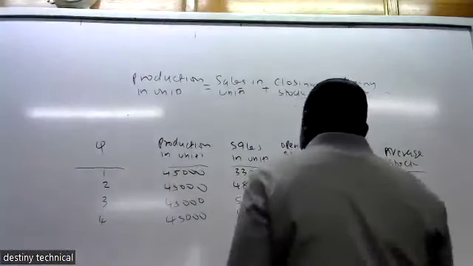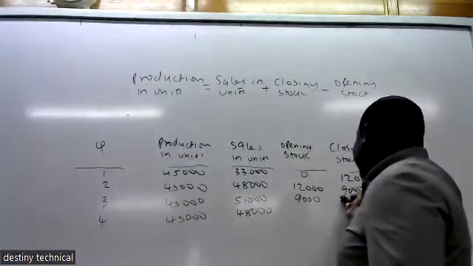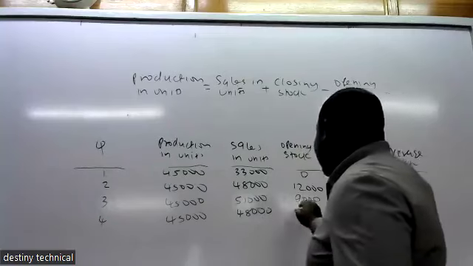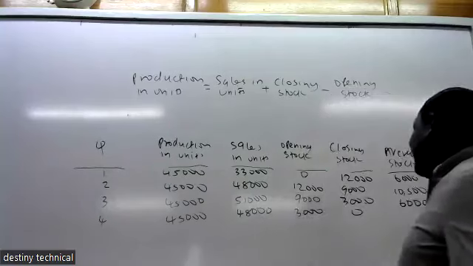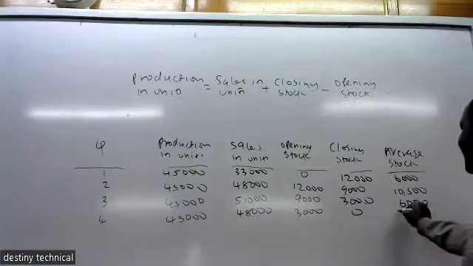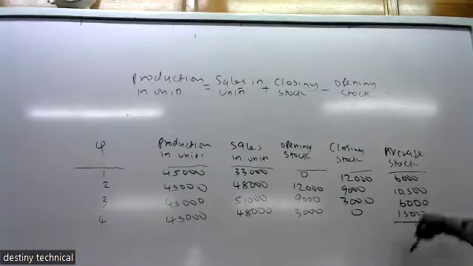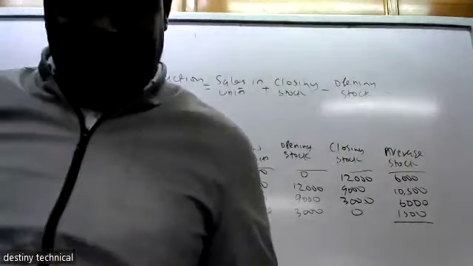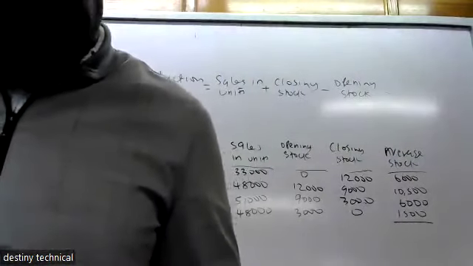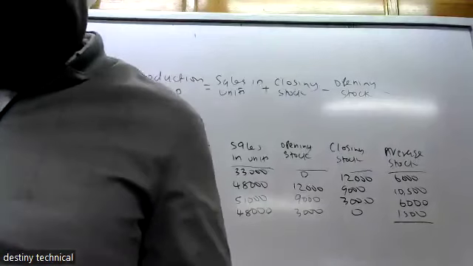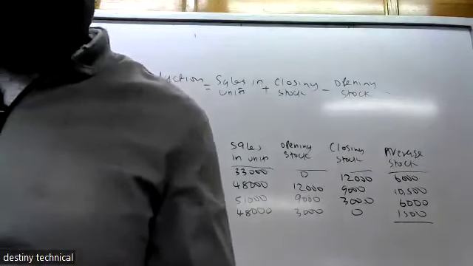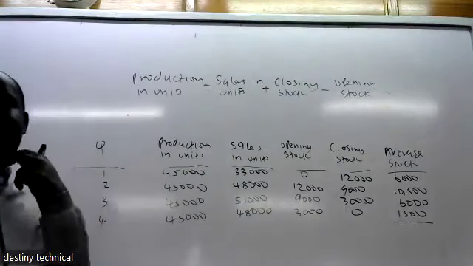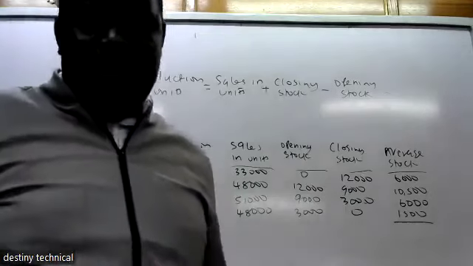The closing is 0. So the average will be what? Can you add that to the average? So it will give us 24,000. That information was not there, we needed it.